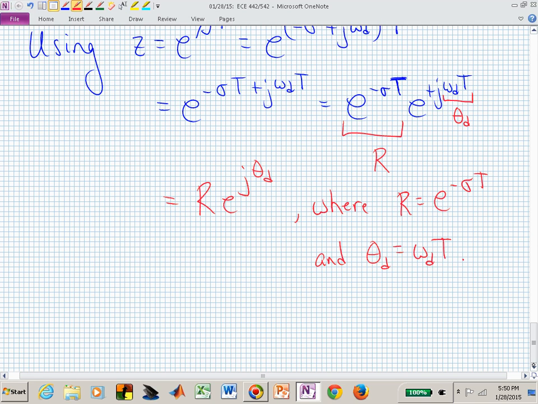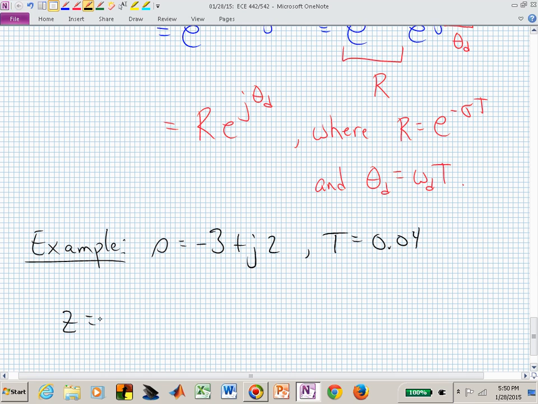For our example, we had s equal to -3 plus j2, and t is equal to 0.04.